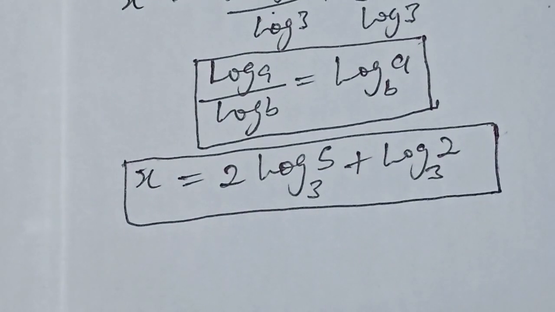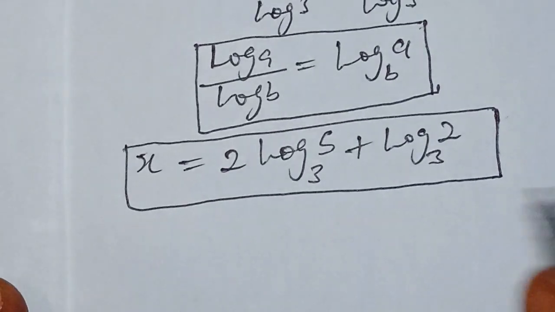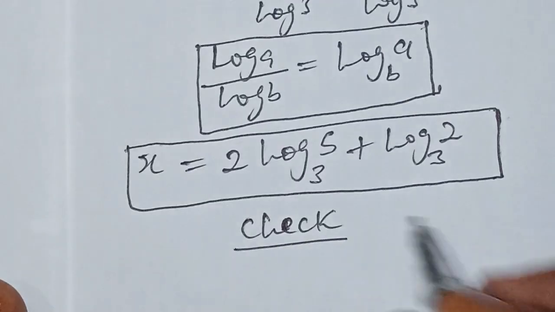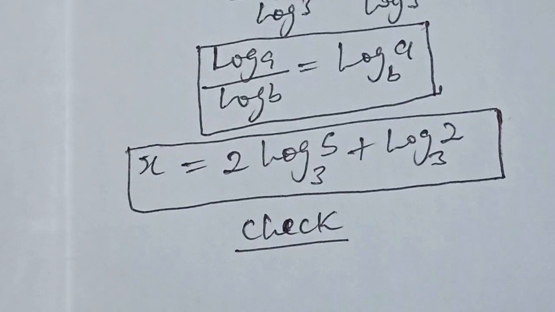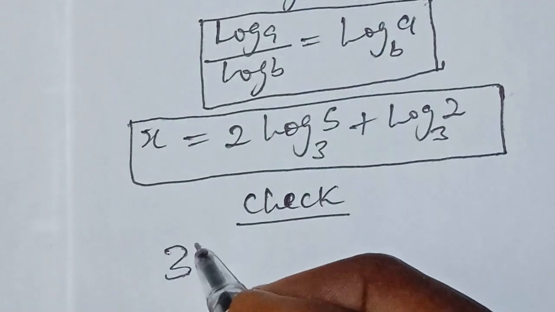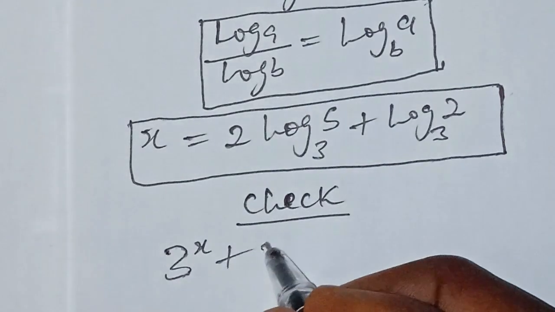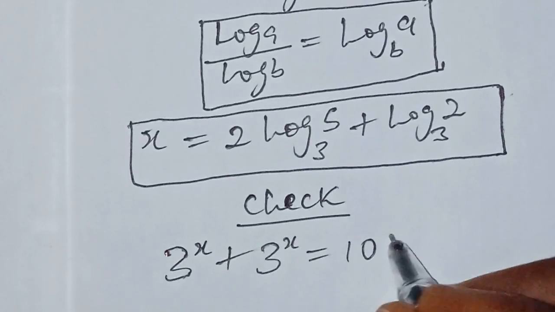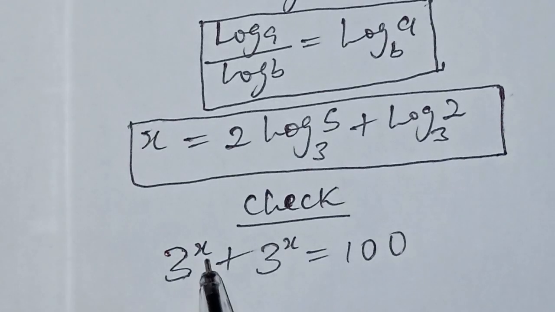So let's verify our value of x. So let's check for x. To check for the value of x, from our previous question, 3 raised to power x plus 3 raised to power x equal to 100. So input our value of x over here.